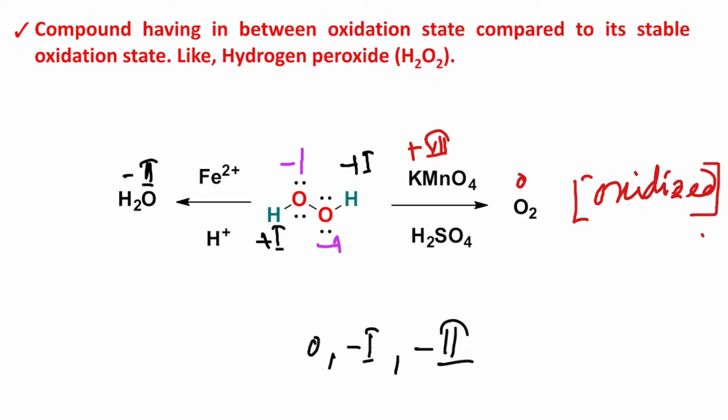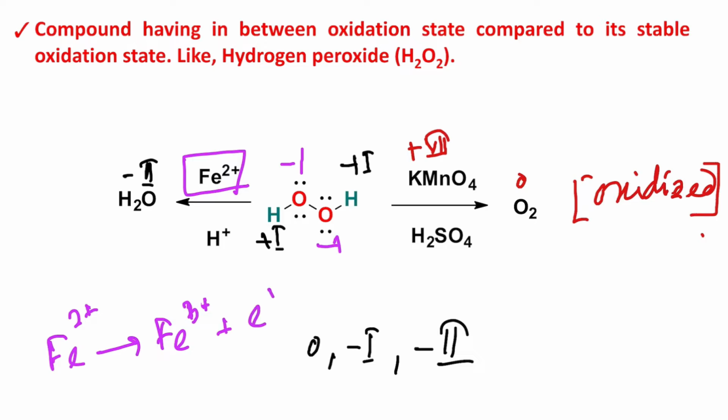Whereas if you react this with iron 2+, we know the iron 2+ oxidation state is very common, going to iron 3+. In this way one electron is produced, and this electron acts as a reducing agent. As I told, the best definition of redox is electron taking or giving. Whoever takes electrons is reduced, whoever gives electrons gets oxidized.